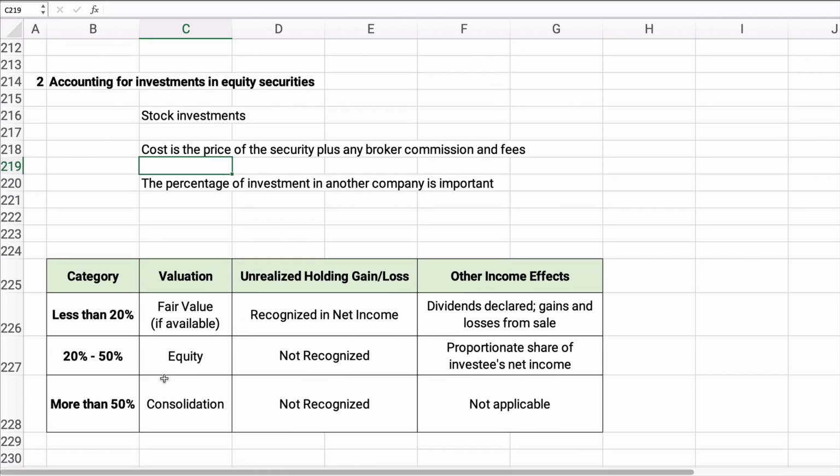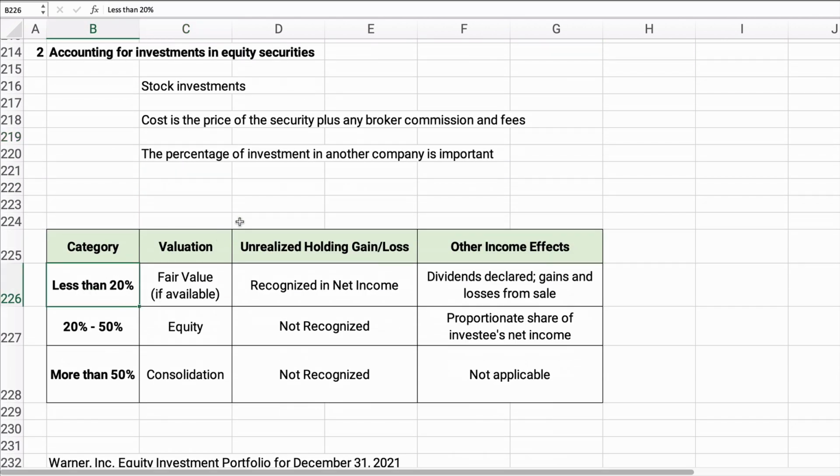So here are the three categories. Now, the way it works is we're going to say less than 20%. We use the fair value method if it's available, if it's practical. If not, then you can't use it. If you own 20% of a privately held company, there may not be fair value for that stock.